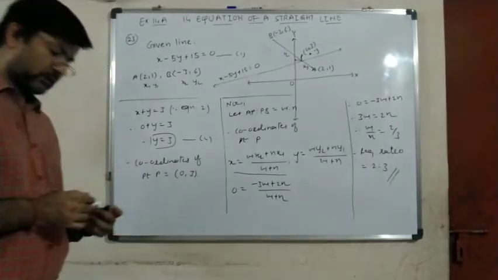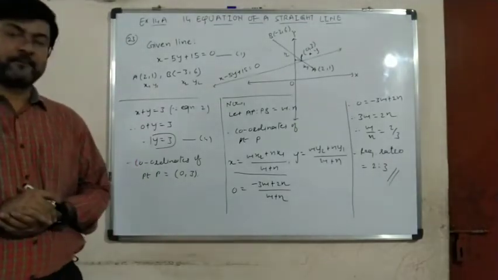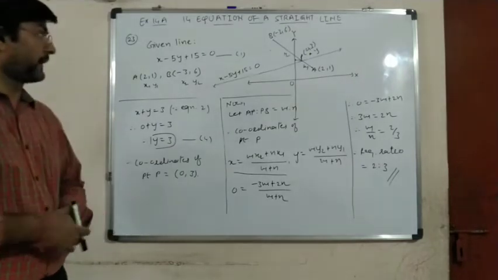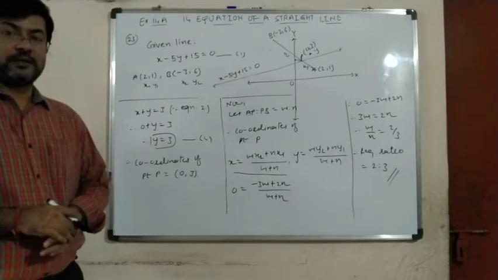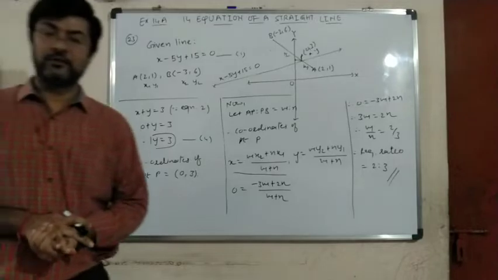Clear? So this is the required ratio, AP is to PB. Okay, so I hope you have understood this question, question number 23 from exercise 14A. So with this, exercise 14A is over now.